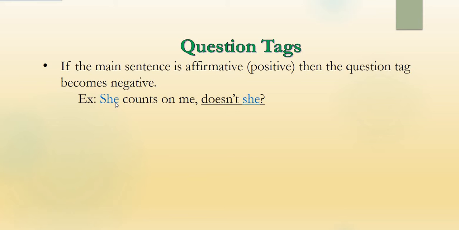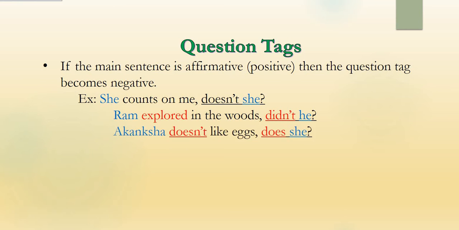For example, like this: She counts on me, doesn't she? How does this come here? I'll tell you later. Ram explored in the woods, didn't he? Okay. Now, did or does are the auxiliary verbs, and we use the pronoun form of the subject.